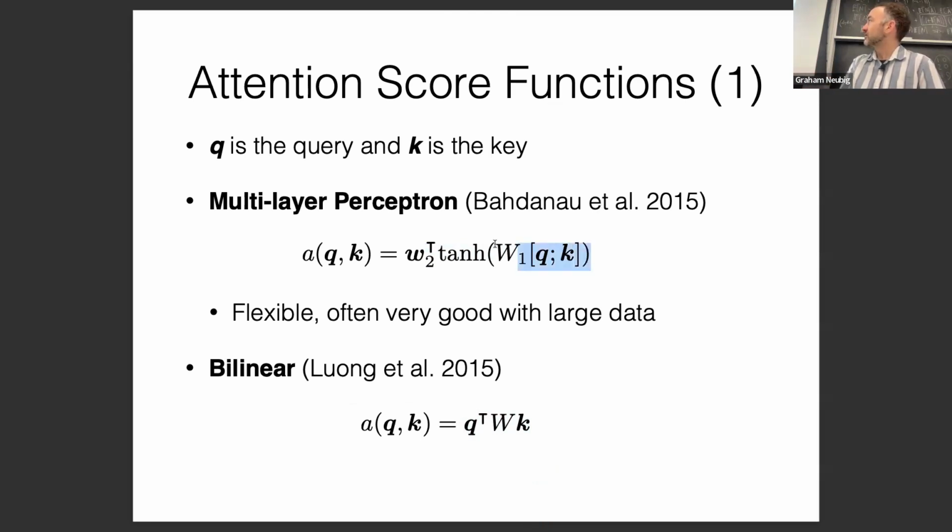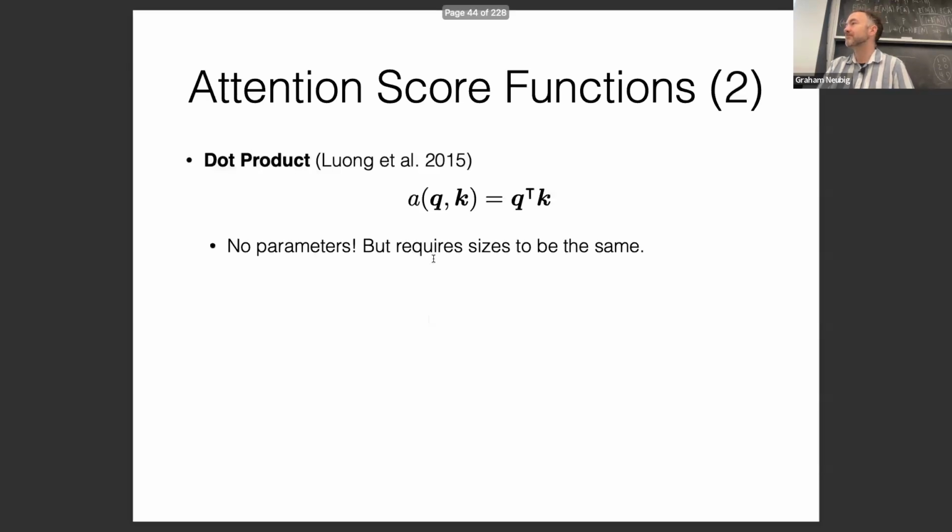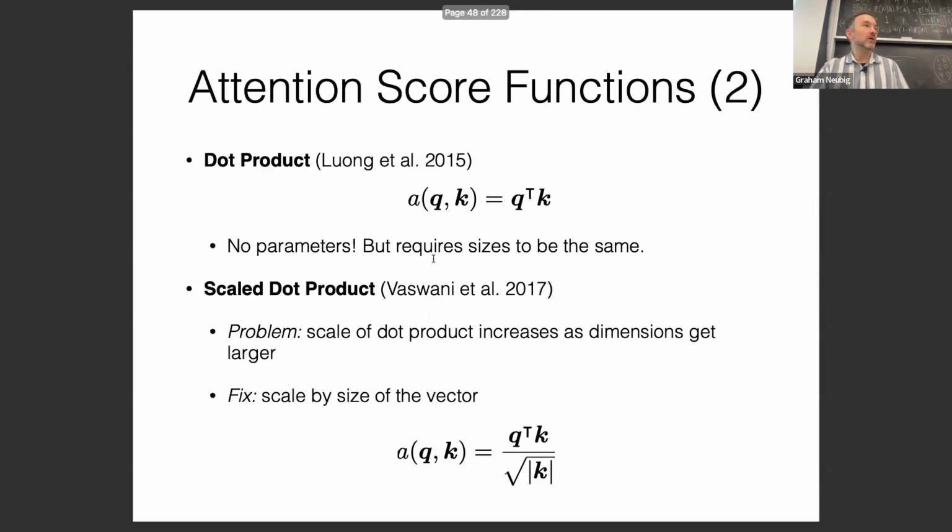It'd be by the size of the hidden vector here, because the size of the hidden vector would affect the overall scale. So basically what you want to be doing is scaling by the number of things that you'd be adding together. So you could add scaling to these two as well. A good question. Are there any others?